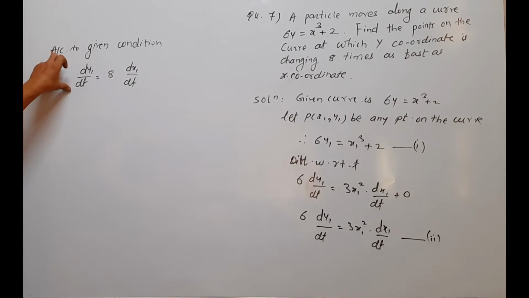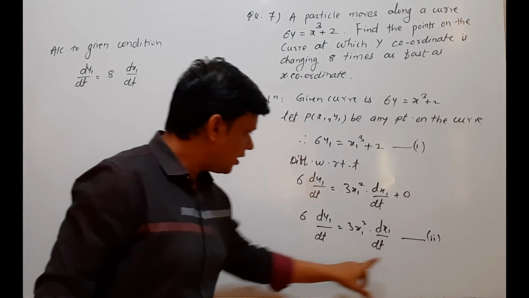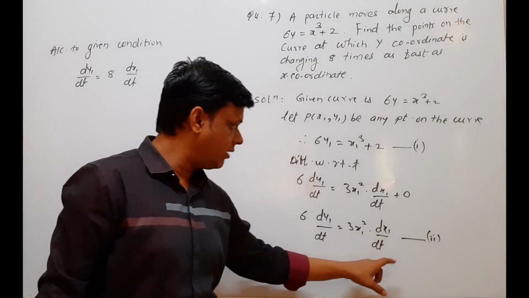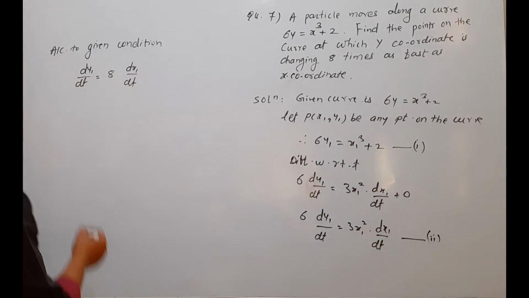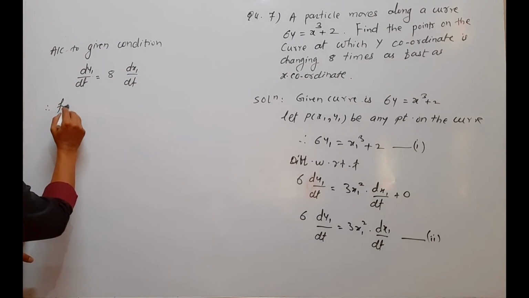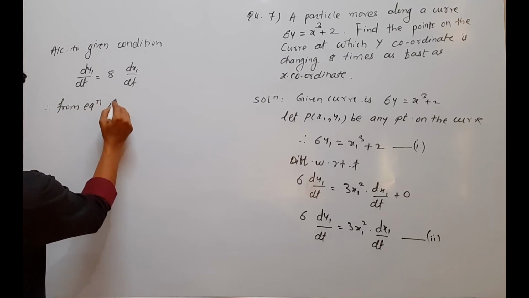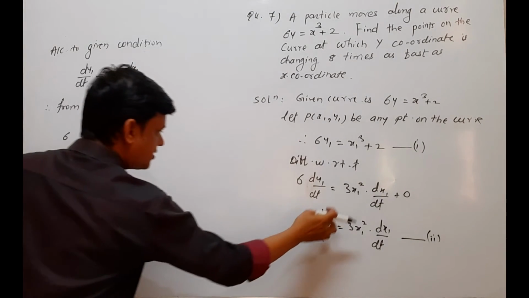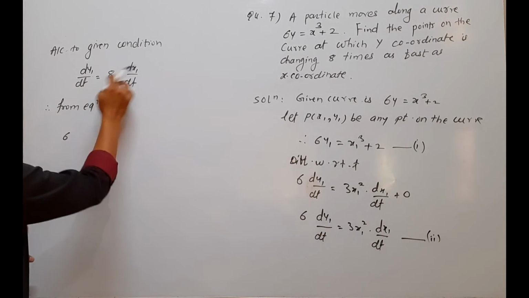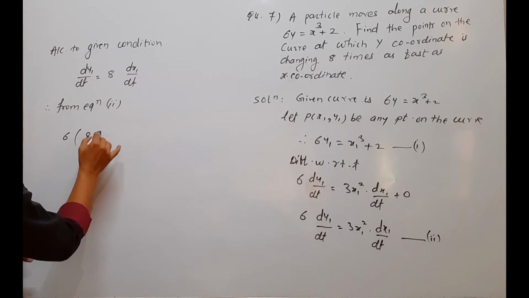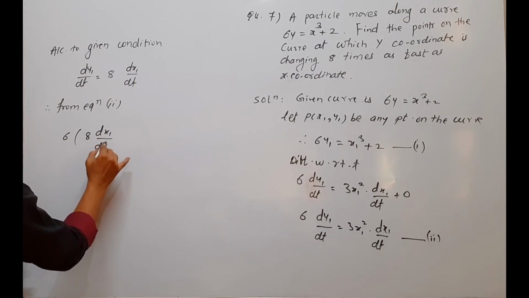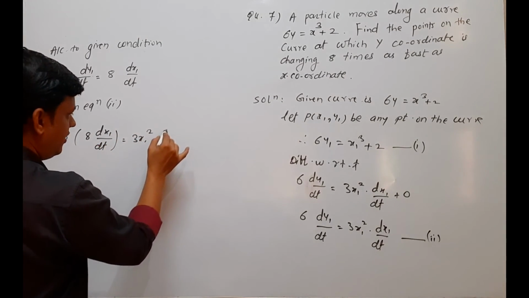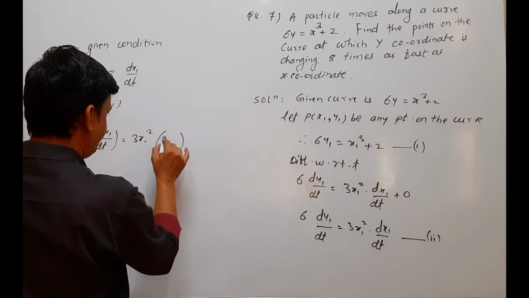We use this condition and substitute the value of dy1 by dt in equation number second. So from equation second, 6 times we replace dy1 by dt by 8 times dx1 by dt. So 6 into 8 dx1 by dt is equal to 3x1 square dx1 by dt.